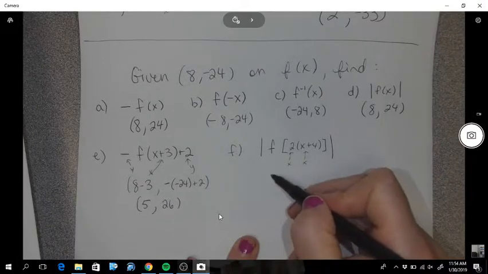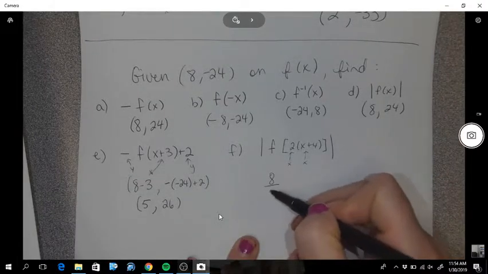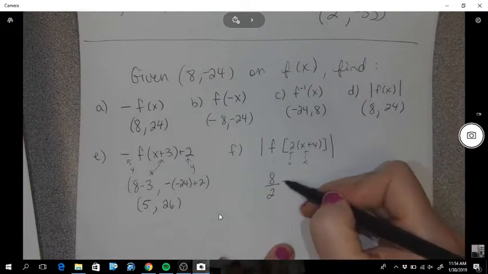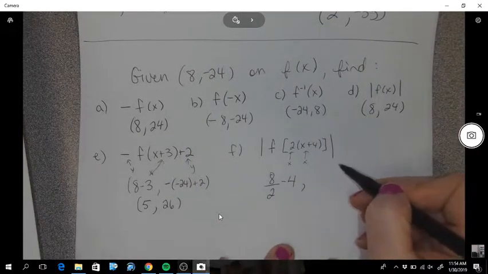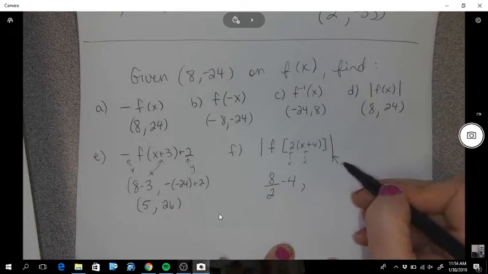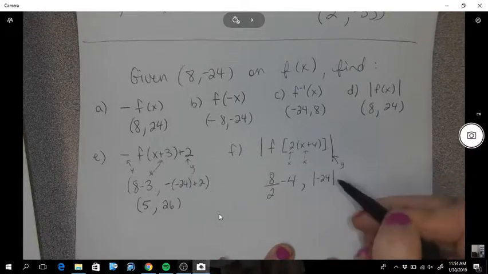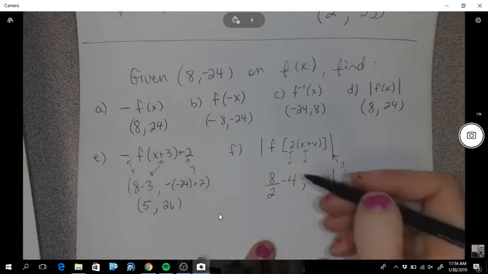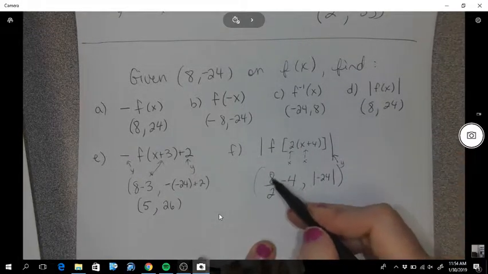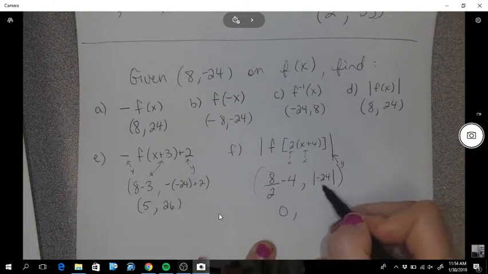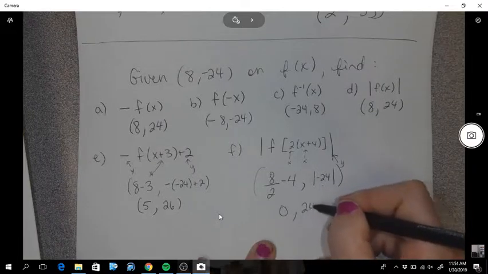So with the 8, we compress it by 2, and then we move it left 4. And then the absolute value affects our y. We take the absolute value of that. So 8 divided by 2 is 4, subtract 4 is 0, and then the absolute value of that is positive 24.